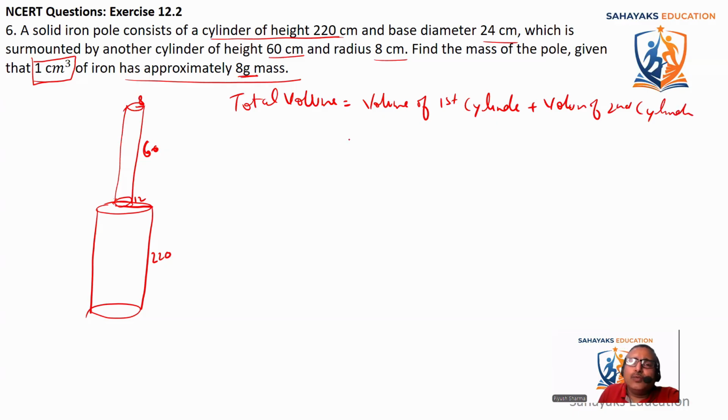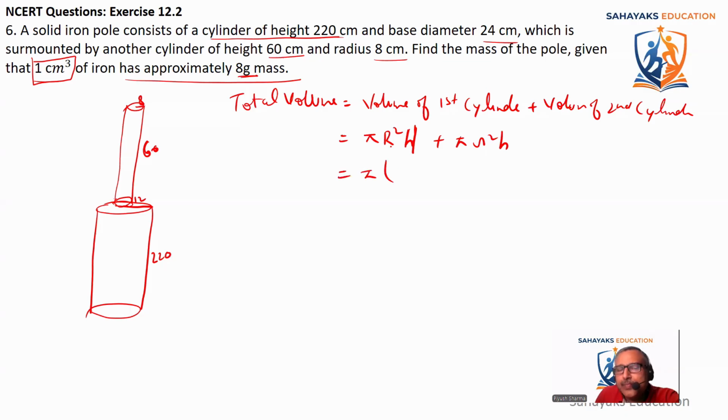Now volume is pi r square h. I'll just take pi common because r and h are different. So pi r square H plus pi r square h. Okay, this is the volume.